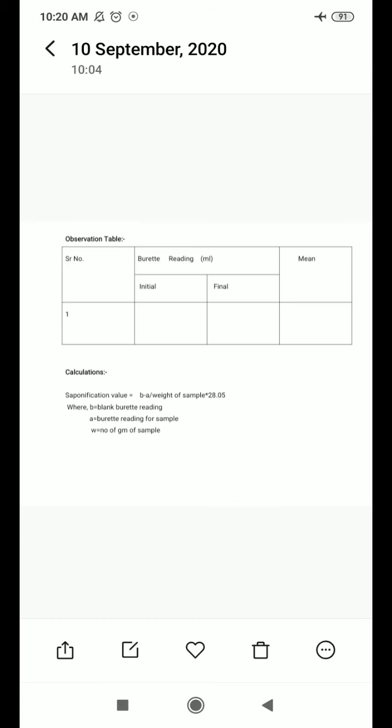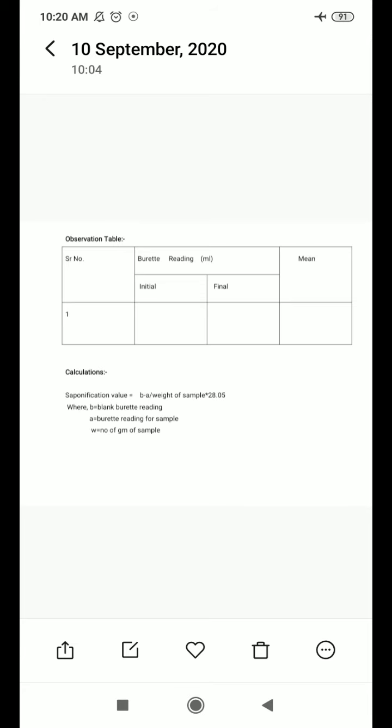Next, W is the number of grams of sample. If you have taken 2 grams of sample, then you have to mention 2. For example, for B minus A you write your readings, blank minus your sample reading, then the weight of sample, that is 2, into 28.05. This is the calculation for saponification value.